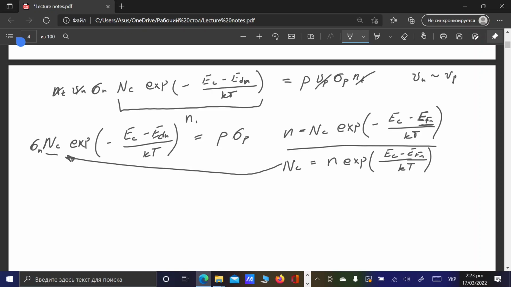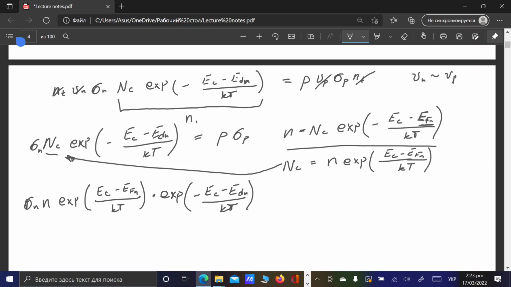So we will get sigma n times exponent Ec minus Efn divided by Kt times exponent minus Ec minus Edn divided by Kt, and that is equal to P times sigma P. So from here we see that Ec will cancel out because we have here minus and here plus, and we can write that it will be sigma n times exponent Edn minus Efn divided by Kt equals P sigma P.